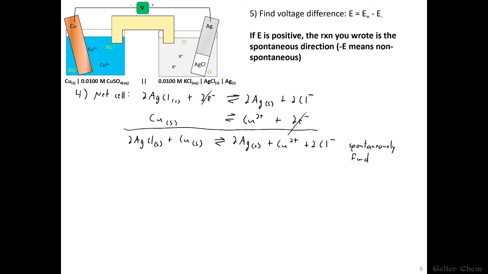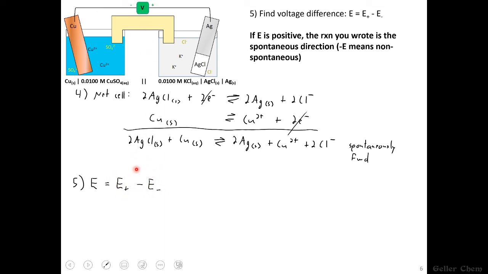Finally, step 5, just find the voltage difference. After everything we've just done, this step is a piece of cake. The true voltage difference between the two sides, in other words, E positive minus E negative. This difference is just what the voltmeter measures.